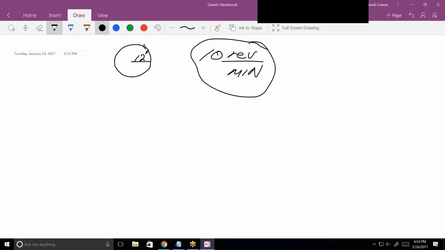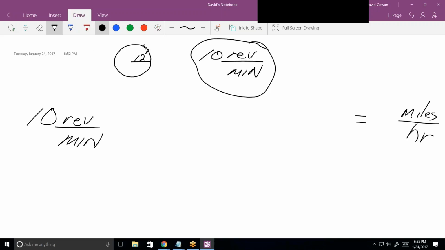Okay? So, how do I convert it? Well, let's start with the angular speed. And I want linear speed in miles per hour. So way over here on the right, I need to produce miles per hour. Okay? So I got to figure out how to convert everything.